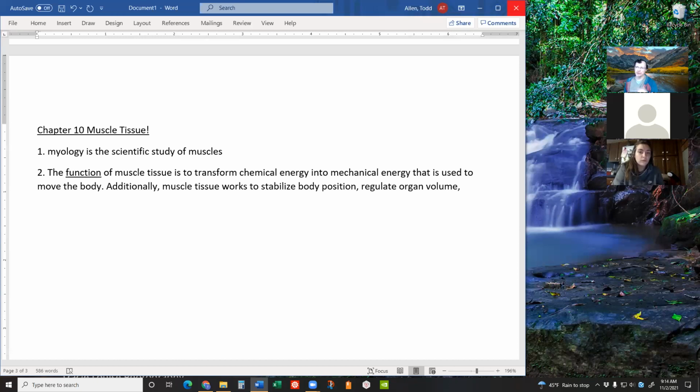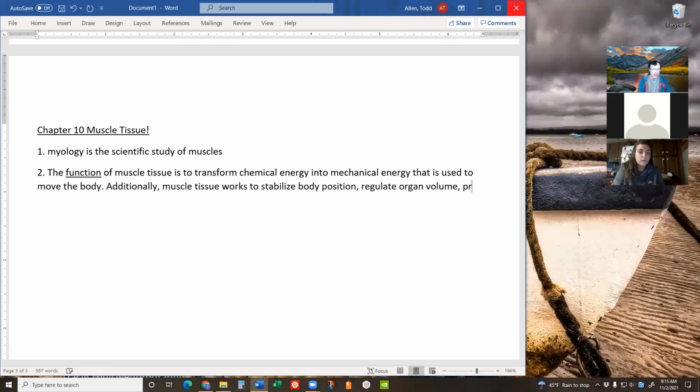The smooth muscle of the small intestine contracts and moves it into the large intestine. Material spends some time in the large intestine. Muscles of the large intestine contract, and then we poop that stuff out of our body, right? So muscle tissue not only stabilizes body position and regulates organ volume, but also propels food and liquid through the internal anatomy of the body.